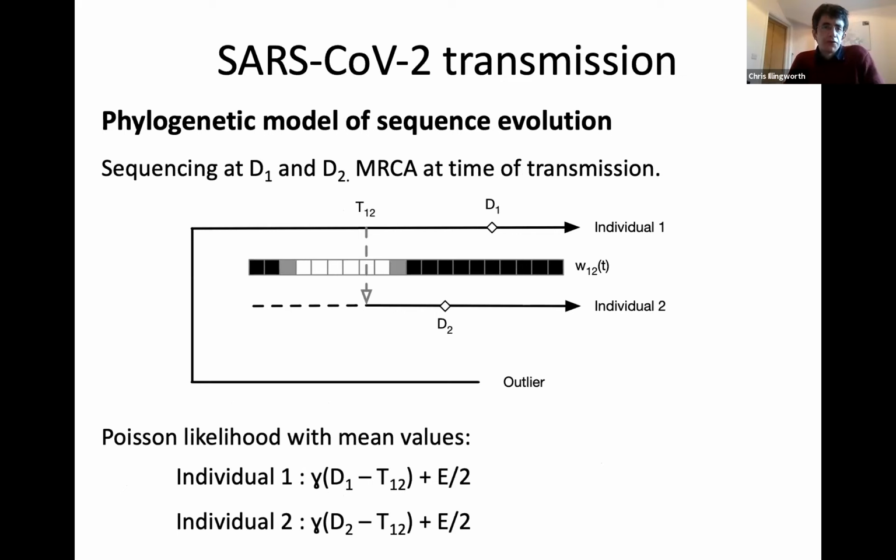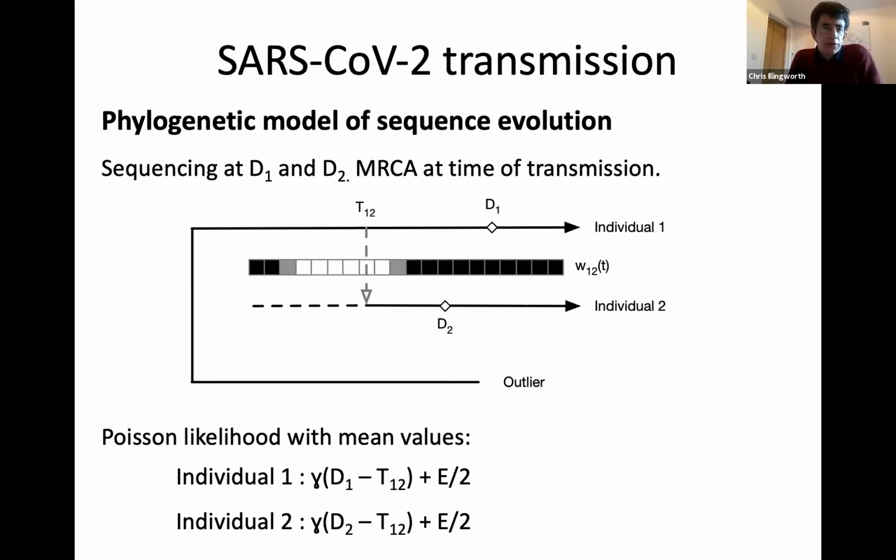We've also got sequence data, and this is where noise starts to come in. So I've drawn a quasi-phylogenetic tree, albeit with only really 2 individuals in it and some outlier. And here we're proposing transmission at this time T12. And we've got sequencing of the individual viruses, so this is samples D1 and D2 from the 2 individuals.